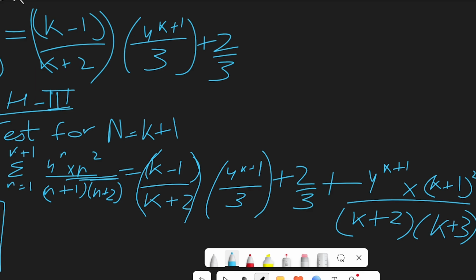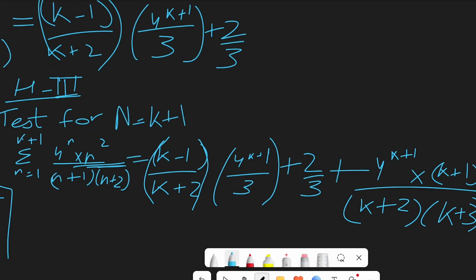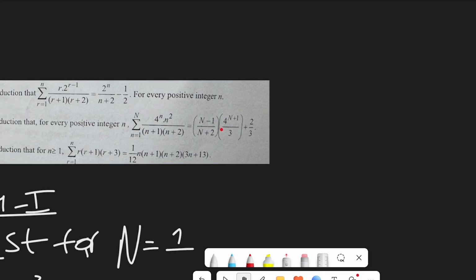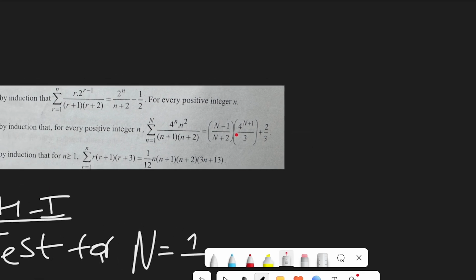So now let me tell you what the end product would be. If we go over here, it would be simply this thing but with k plus 1 plugged into it.